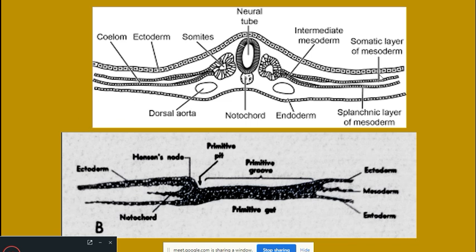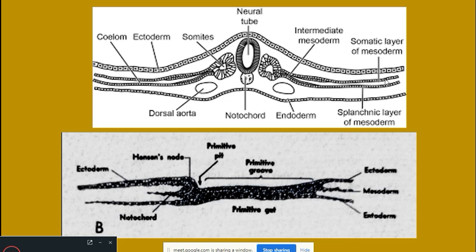Now when the space widens, the somatic layer will become close to the ectoderm and the splanchnic layer will move close to the endoderm. This ectoderm plus somatic layer is called the somatopleure, and the endoderm with the splanchnic layer is called the splanchnopleure, and the space in between will become the coelom.